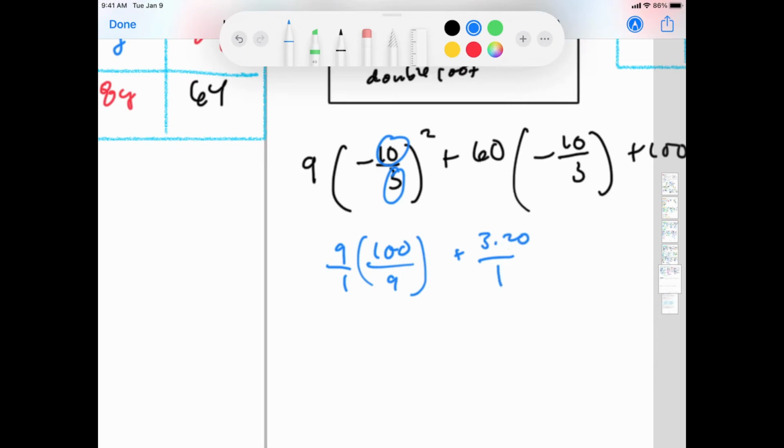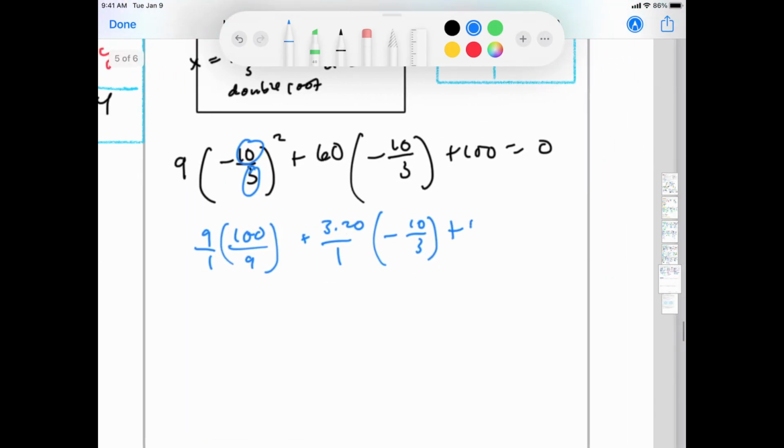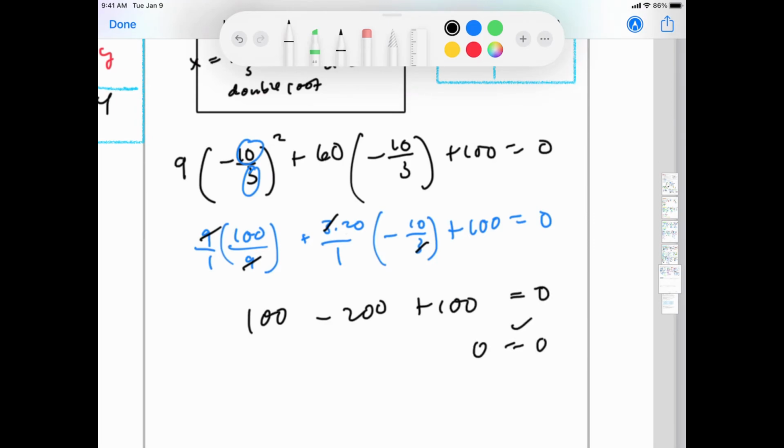Why did I change 60 to be 3 times 20? Because I looked ahead and I realized there's a 3 down here in the denominator. Does that make sense why I did that? 9 divided by 9 is 1. So 20 times negative 10 is negative 200 plus 100. $100 bills, and it checks off. Wow.